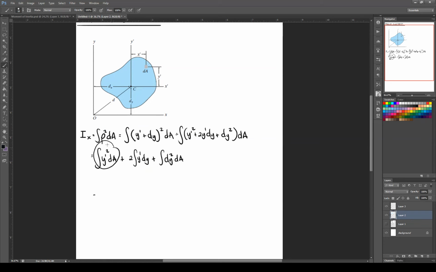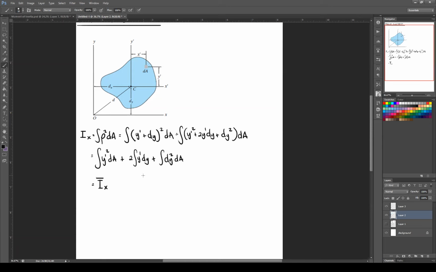Therefore, this term signifies the moment of inertia about the centroidal axis, and we have a symbol for that: your I bar, then x, since we're talking about the x-axis here. Moment of inertia about a centroidal axis, either x or y, is denoted by I bar.